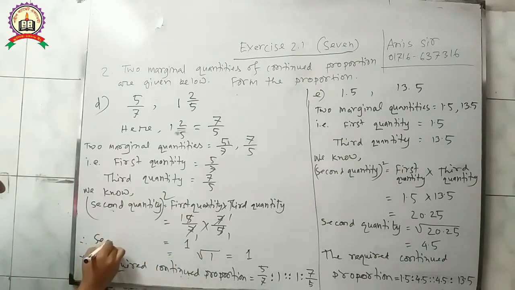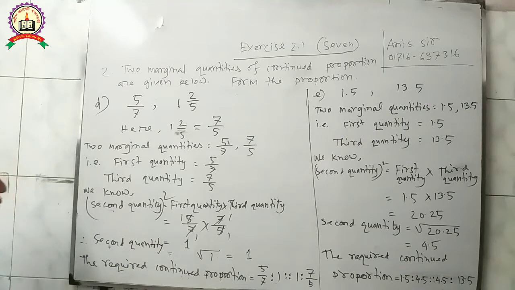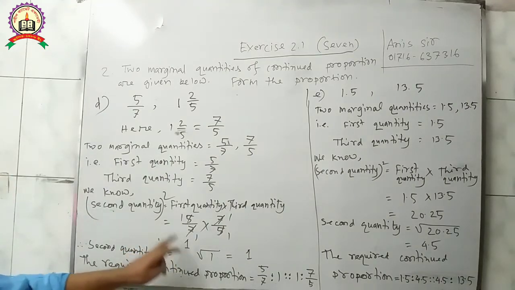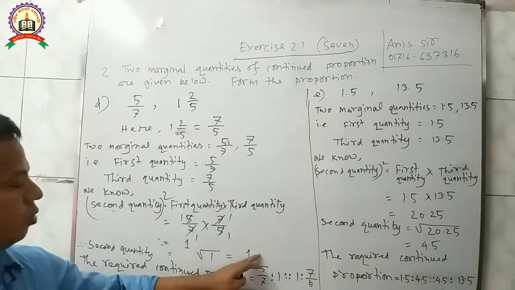So second quantity equal to root over 1, and from root over 1 we get 1.